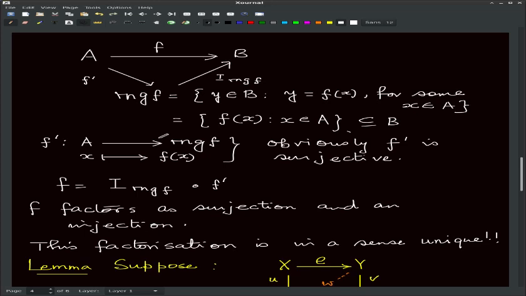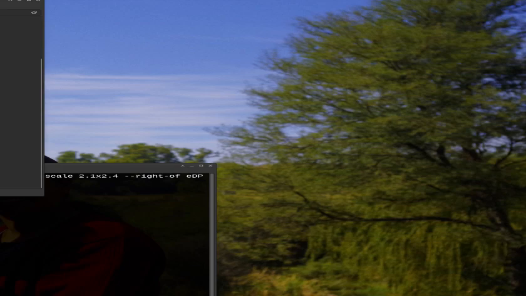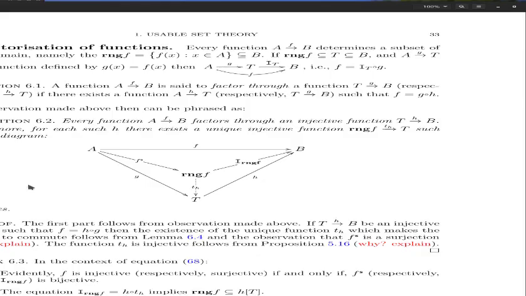Also, Doc, if we look at proposition 6.2, page 33, there we also have a commutative diagram.